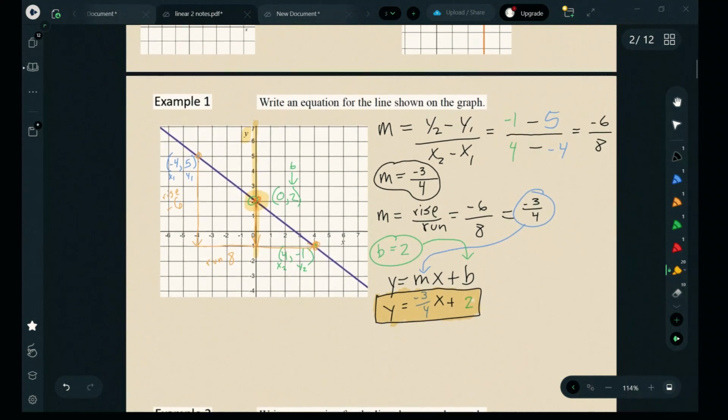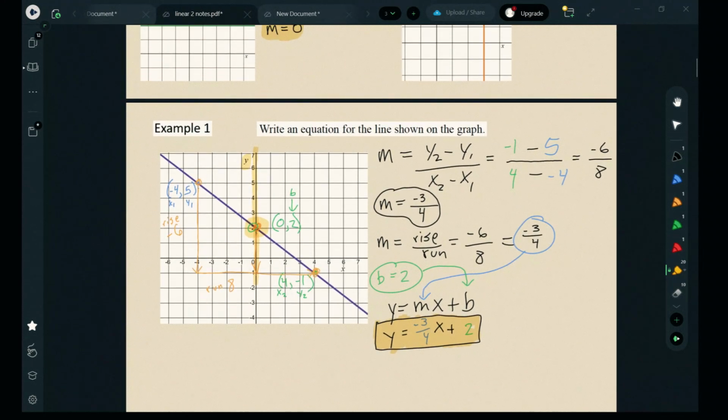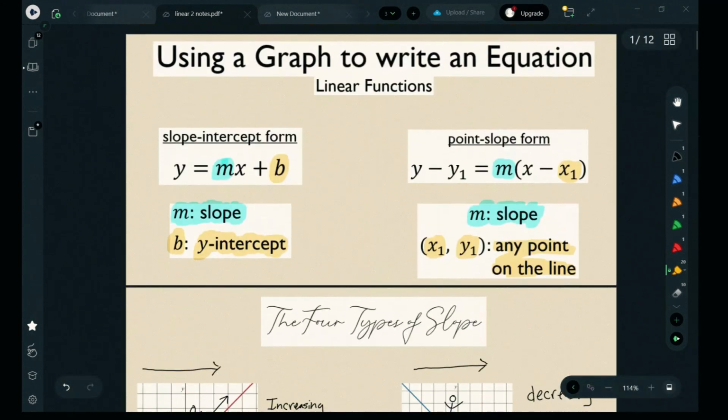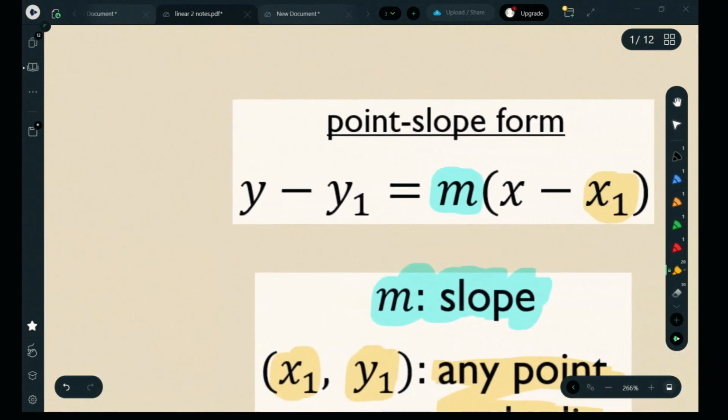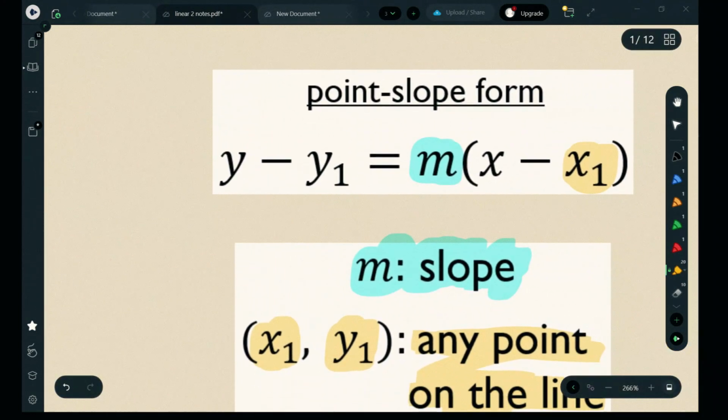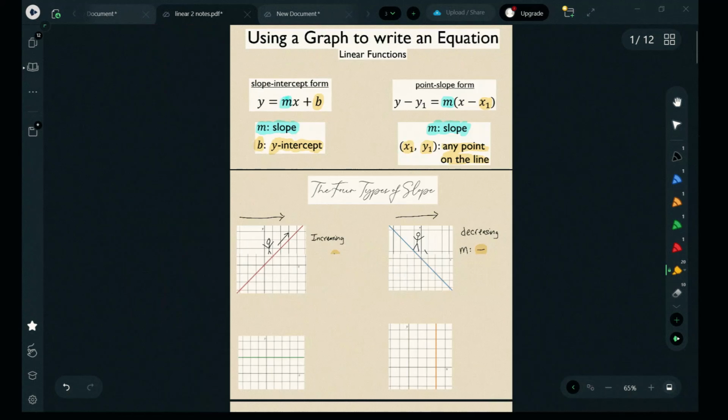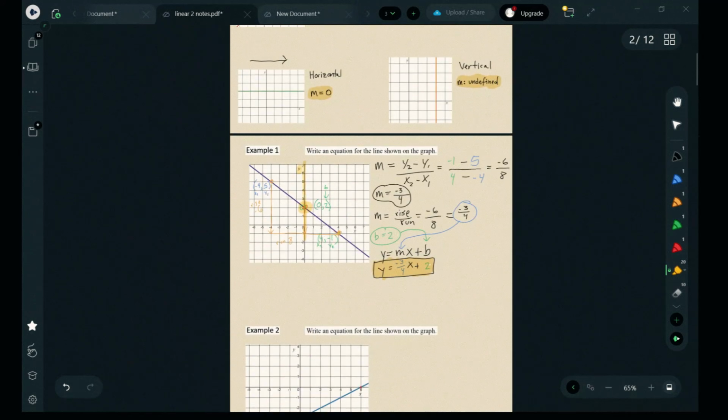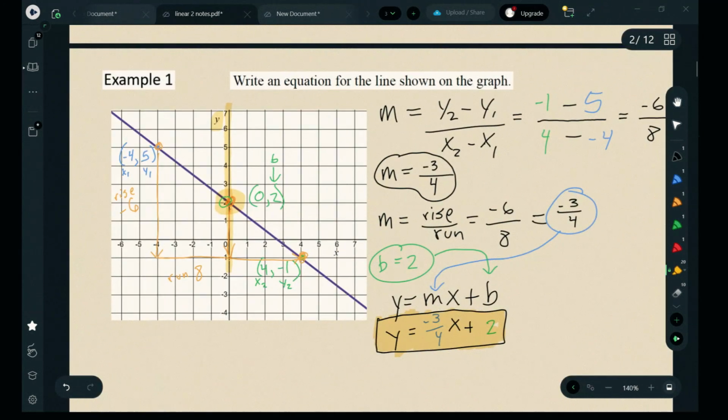We've written an equation of this line shown in the graph, in slope-intercept form. I would just leave my final answer like that. If you wanted to use the other form, I'll just show you on this example how to do it. So the other form is point slope form. Here we need the slope, and then we need any point on the line. So let's come back here.